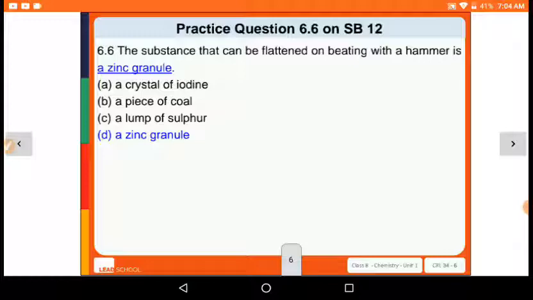Sulfur also cannot be. And the last is zinc, that can be. Zinc is a metal. All three others are non-metals, so this metal can be beaten with a hammer.